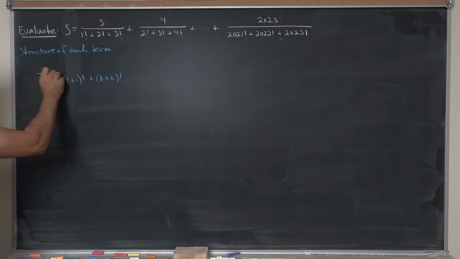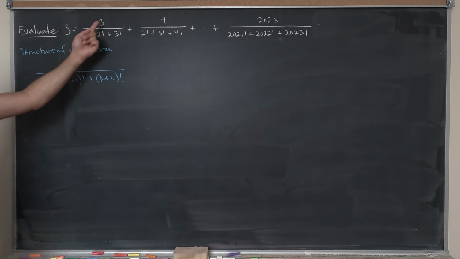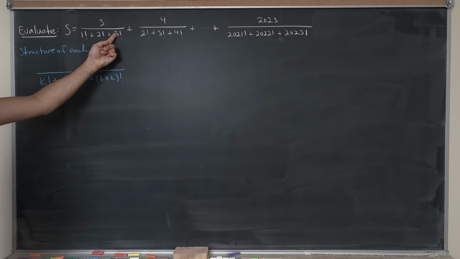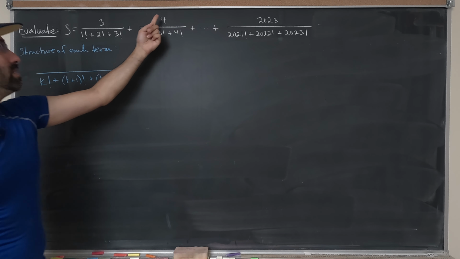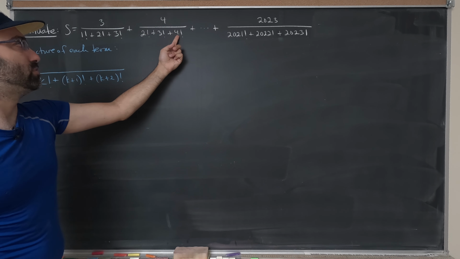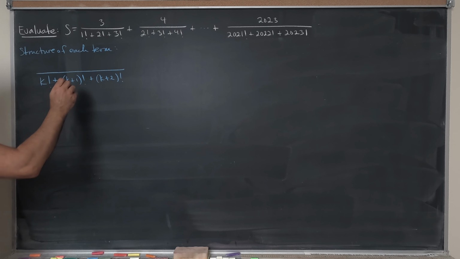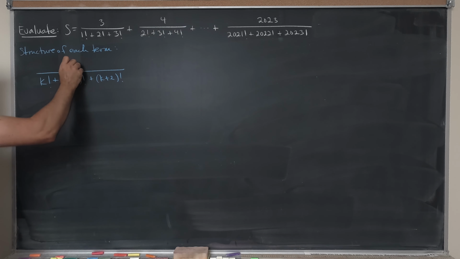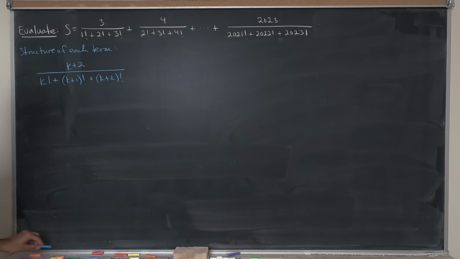But in the numerator, this number matches the last of the trio downstairs. See, the number in the top matches the last of the trio downstairs. So there we have a k plus 2. So each term looks like this. Okay, well that's fine.